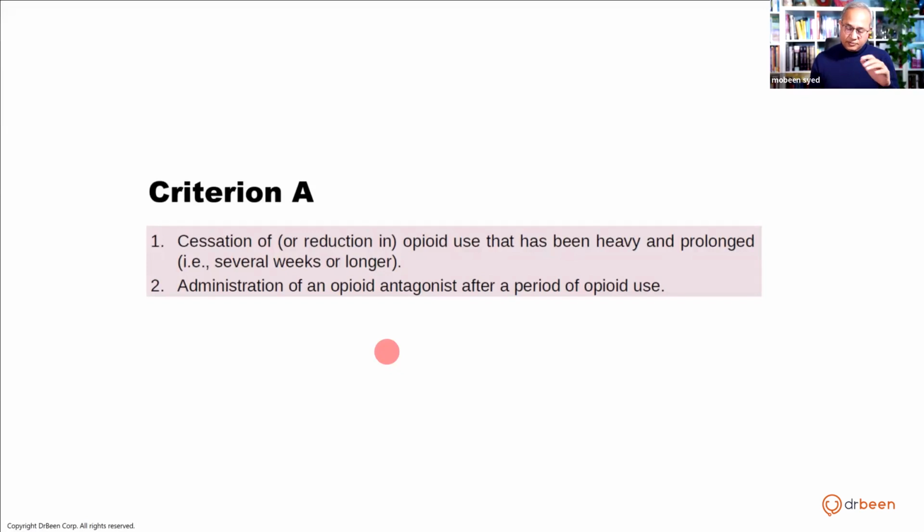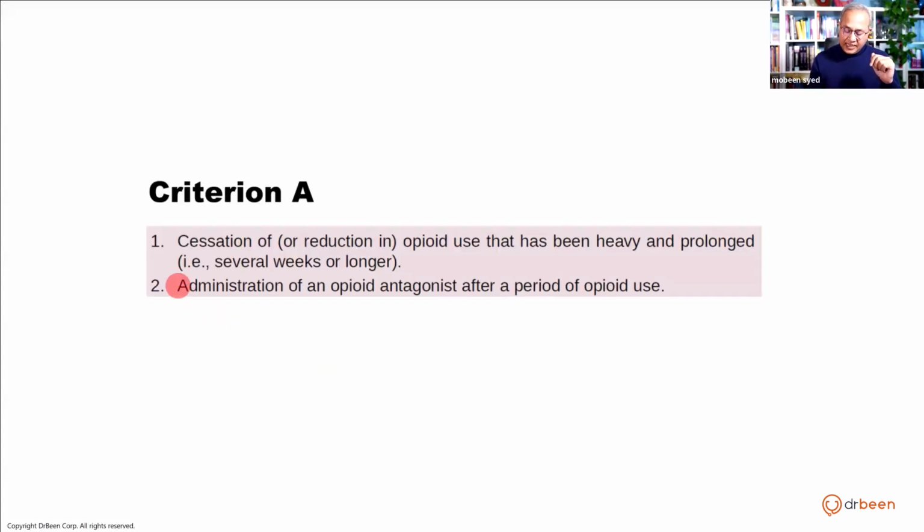So somebody who was taking heavy opioids, either with their prescription or for other reasons or illicitly, and then they stop them or they reduce them. That is one criterion. As part of the patient's history, you would figure out whether they were using opioids and did they reduce or stop it.